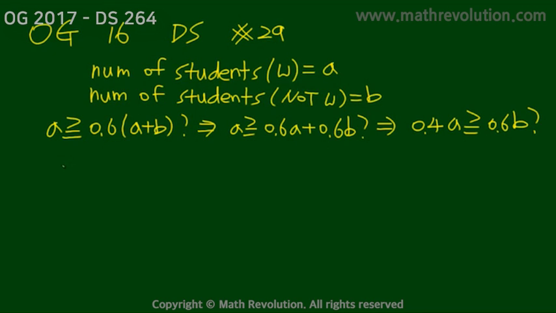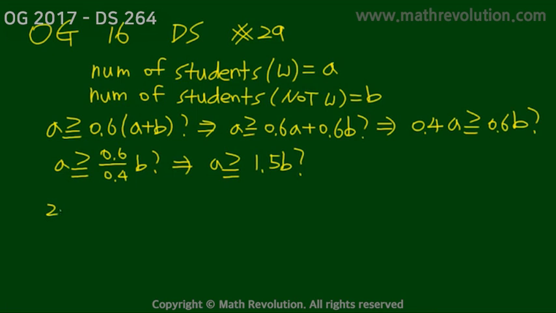And again, this can be written as A is greater or equal to 0.6 over 0.4 times B. And this can again be written as A is greater or equal to 1.5B.